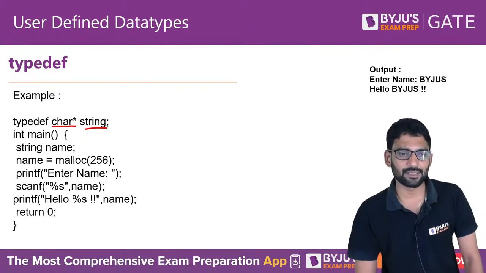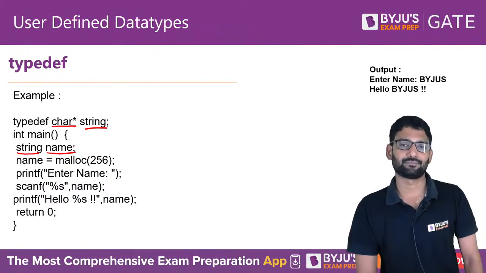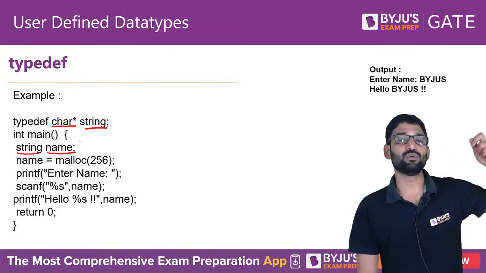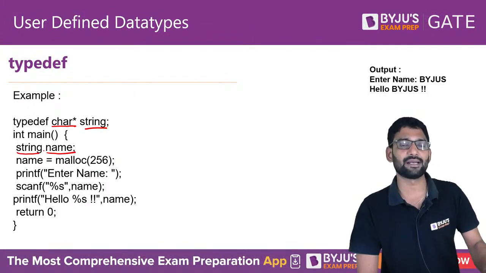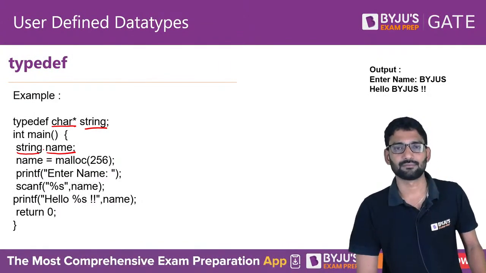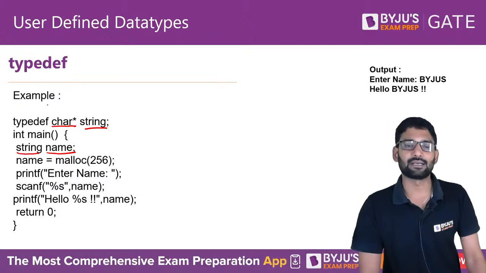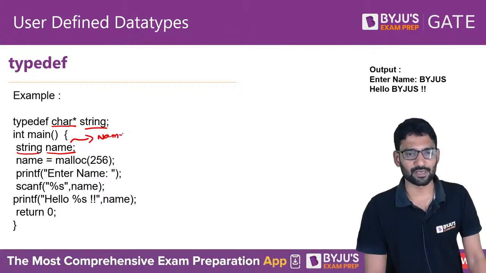So I have created one variable called name. How? I used the new alias name I have given, that is string. I did not write it as char star. I simply said string. Now it will take it as character pointer. Now name would be a character pointer.